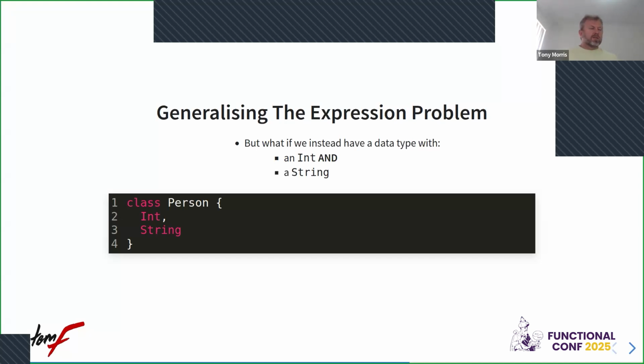But this is not a data type defined by cases. This is a data type defined as an int and a string. It's not an int or a string, as in the previous example. It is just a typical record type, as I'm sure you use every day at work in your code.